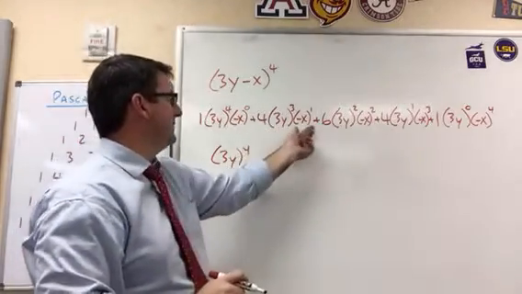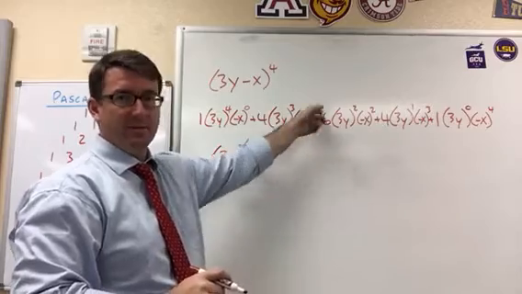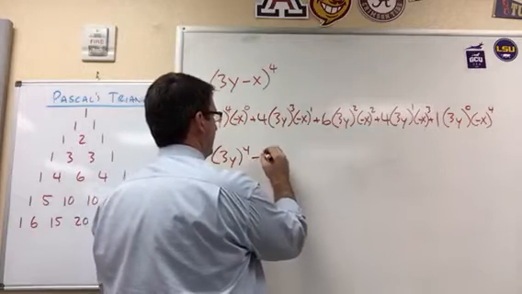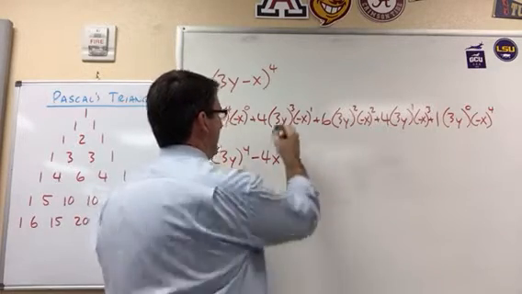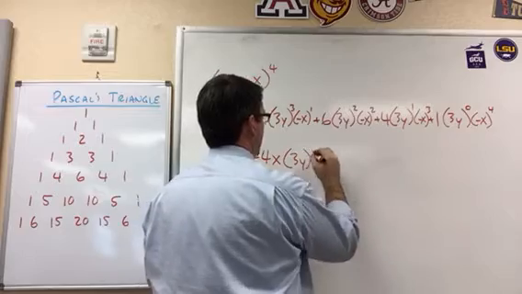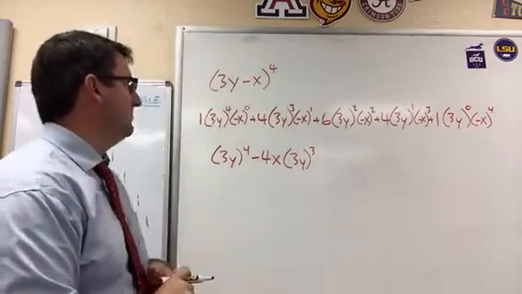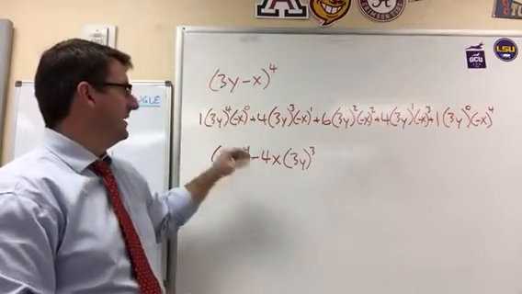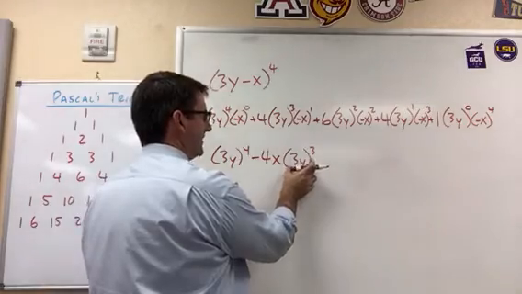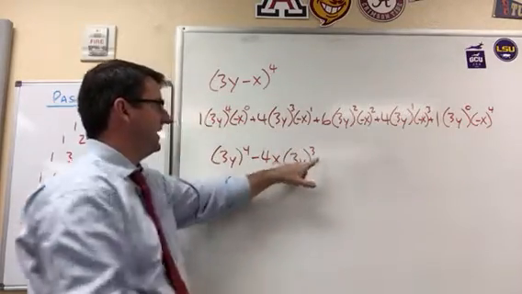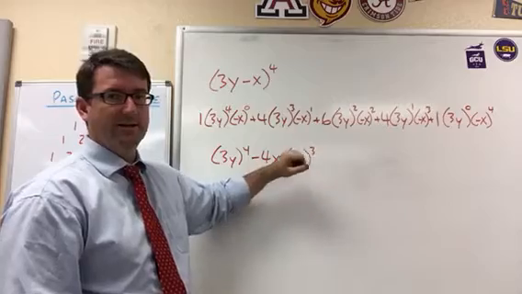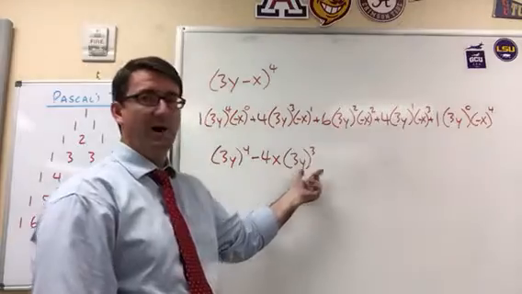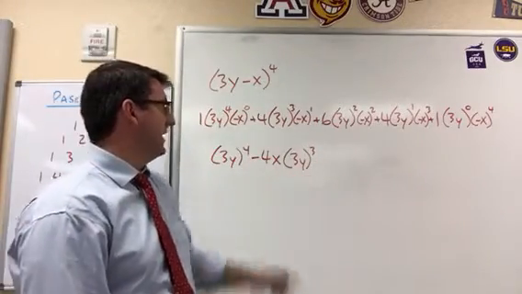All right, and then next we have negative x to the 1 power is just negative x, times 4 is negative 4x, and then multiplied by (3y)^3. Make sure that when you have a term like this that has a coefficient on it, you put that term inside parentheses and put the power outside the parentheses, because you're taking this whole thing, 3y to the third power, not just the y.